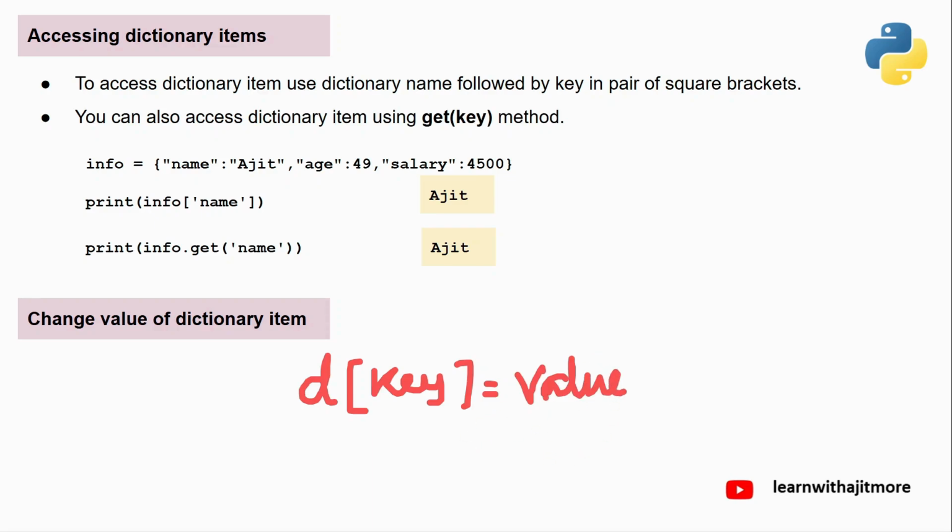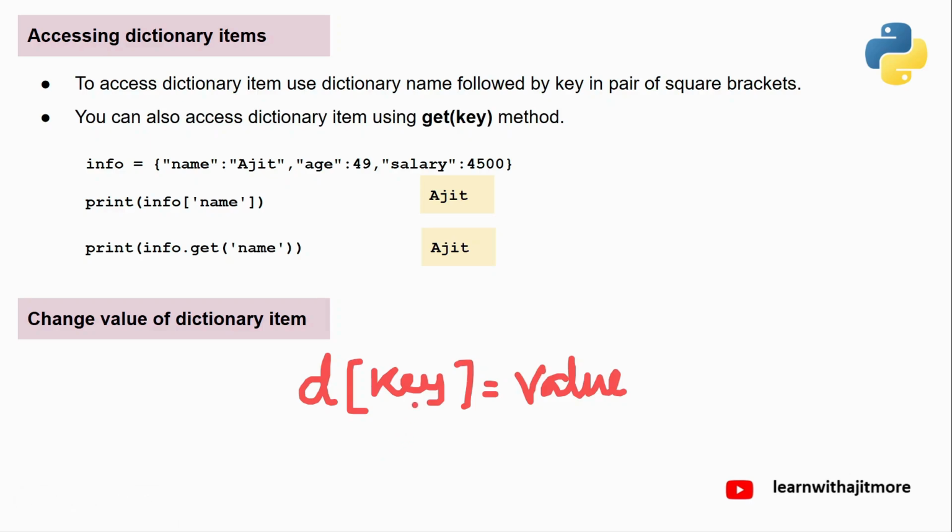So what it will do, it will replace the value of this old key. This key is there in the dictionary, so its old value will be replaced with this new value. But suppose if this key is absent in the dictionary, no problem. It will add it as a new key and new value in the dictionary.